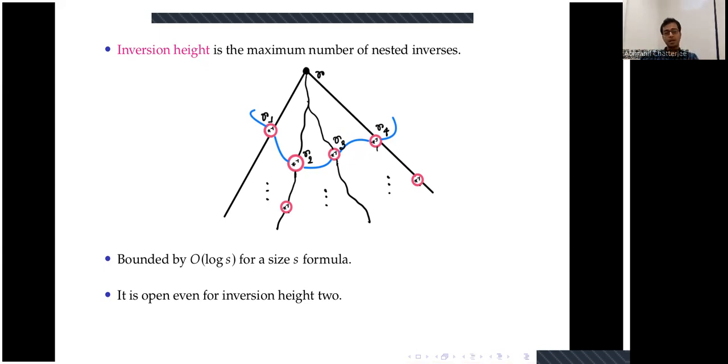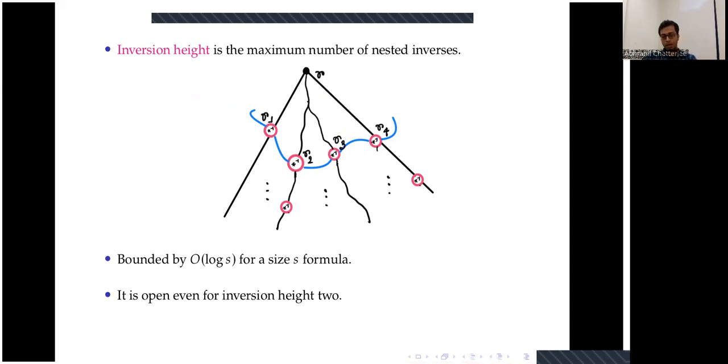So what is inversion height? You take a formula, you look at a leaf to root path, and what is the number of nested inverses. And you take the maximum of such nested inverses. So Reutenauer and Pedersen showed that if you take a formula of size s, then the number of such nested inverses, this inversion height, is bounded by log of s.